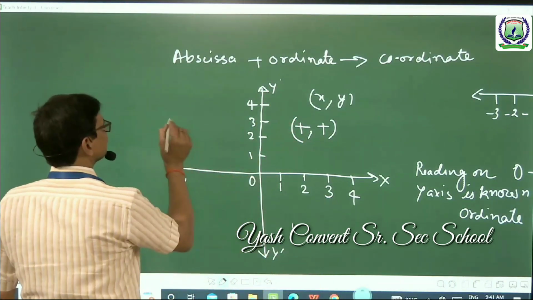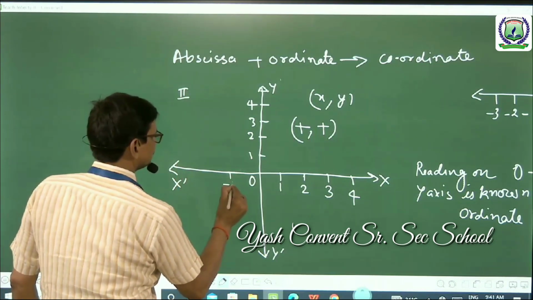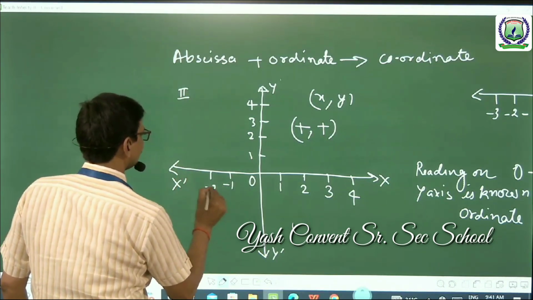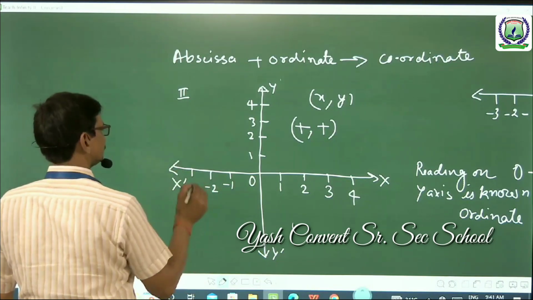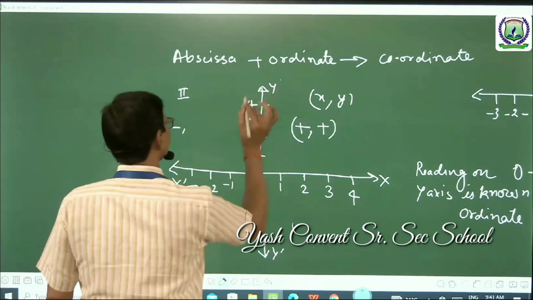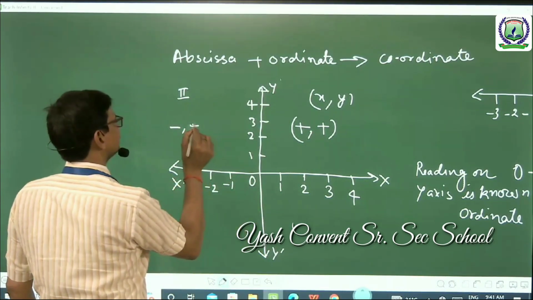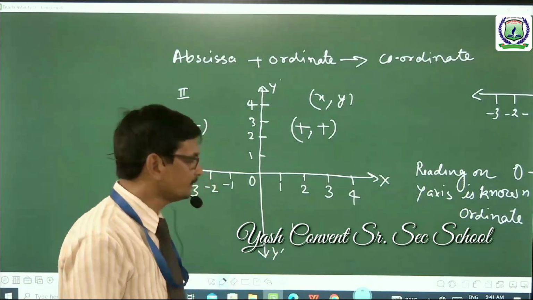In the second quadrant the x value, the abscissa, is minus and the ordinate is plus, so minus plus.